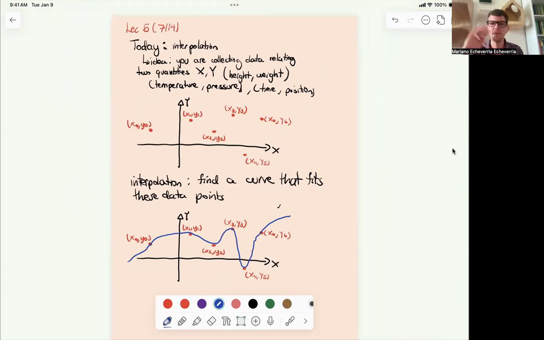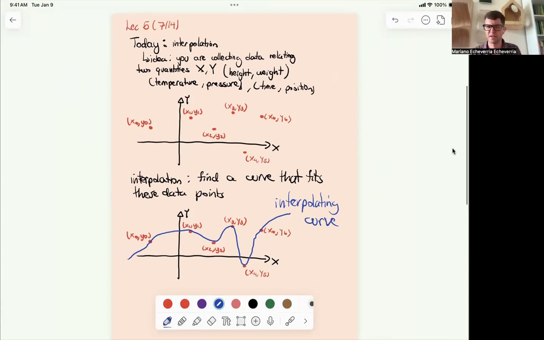That is something that you would call the interpolating curve, right? So far so good? Is that making sense?